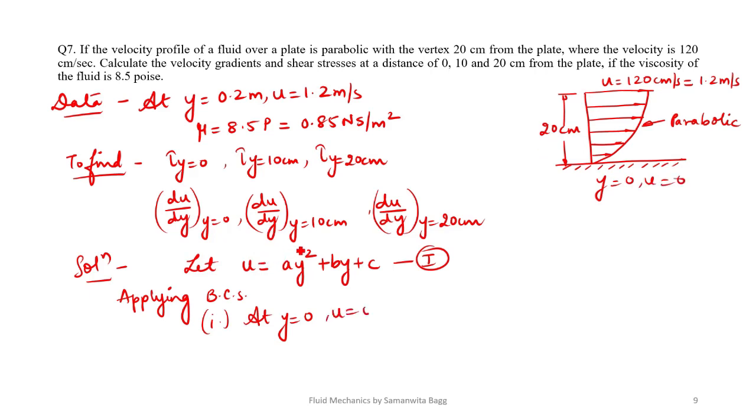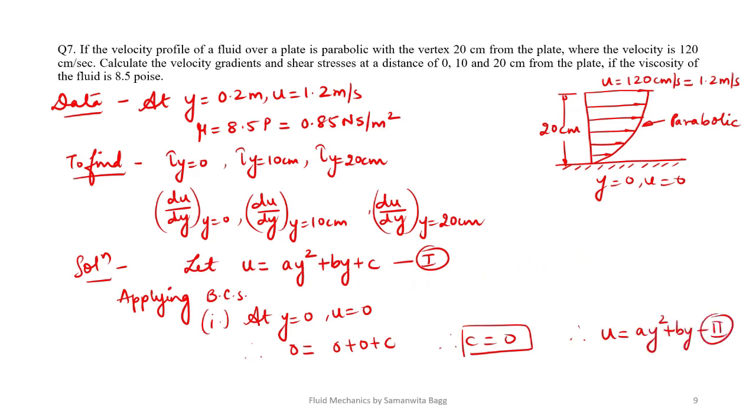So I can substitute the first one here. Therefore, 0 is equal to 0 plus c. Everything becomes 0, so the value of c directly comes down to 0. So I can say u is now ay square plus by. First constant c has been found.